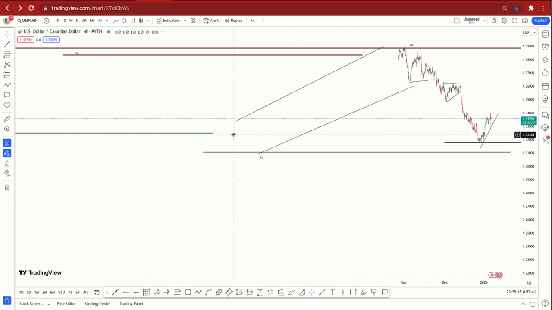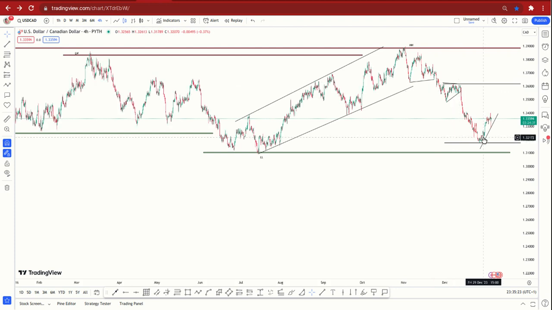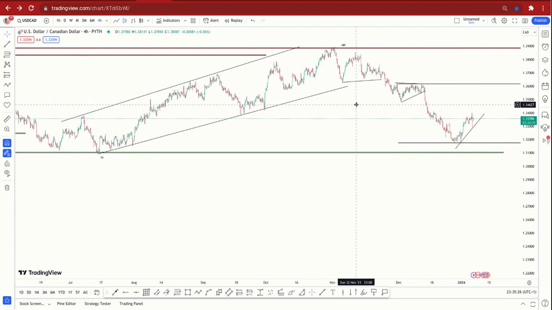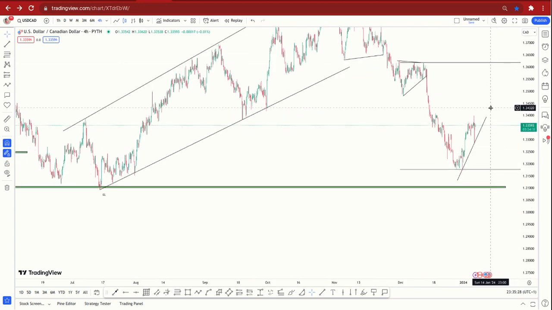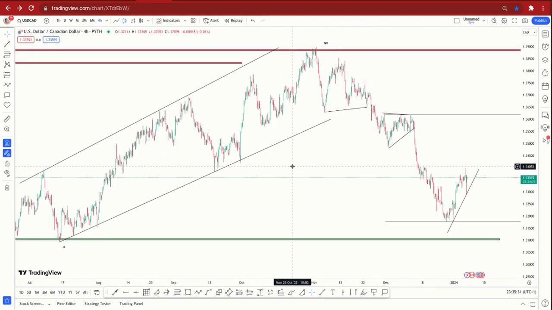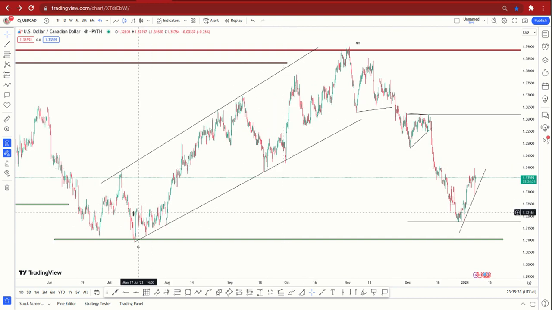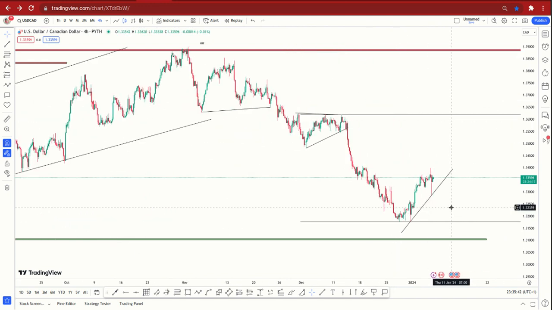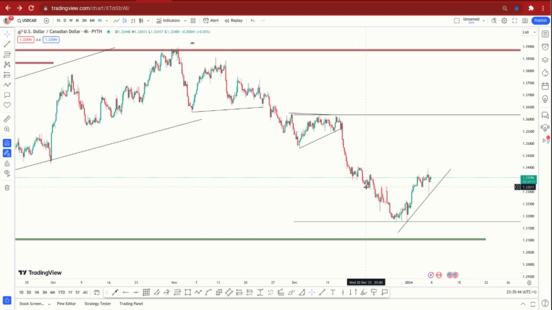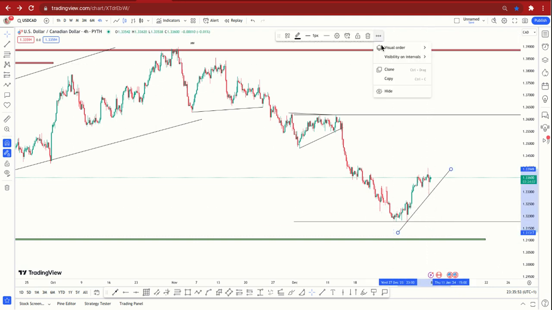So on 4H it looks like this is an ascending channel. We have an impulse, correction, impulse, correction, impulse. Okay, so this is the ascending channel. Impulse, correction, impulse, correction, impulse. Then this kind of correction, look at it here, is the descending channel to signify the price might come back up.